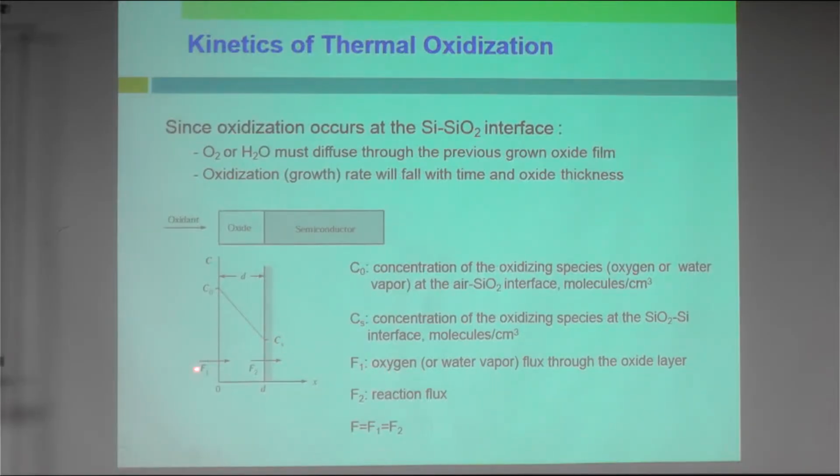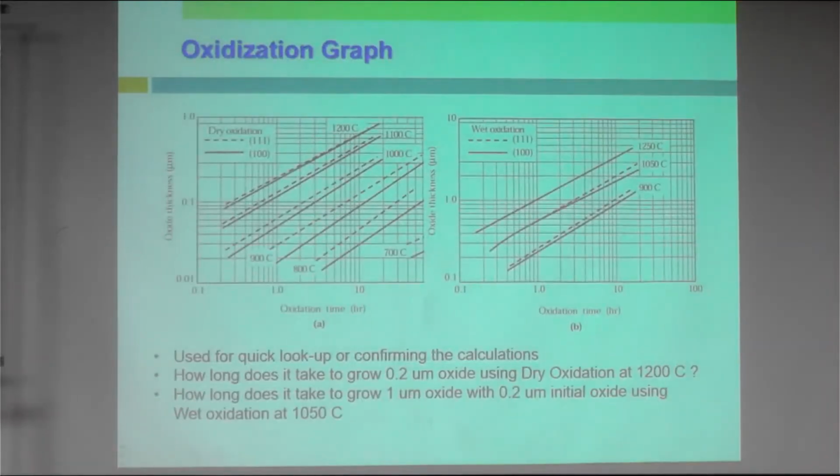And F1 is the oxygen flux through the oxide layer, and F2 is the reaction towards the center of the silicon substrate. So F equals F1 equals F2 basically. So this is a kind of reference for the oxidation process.